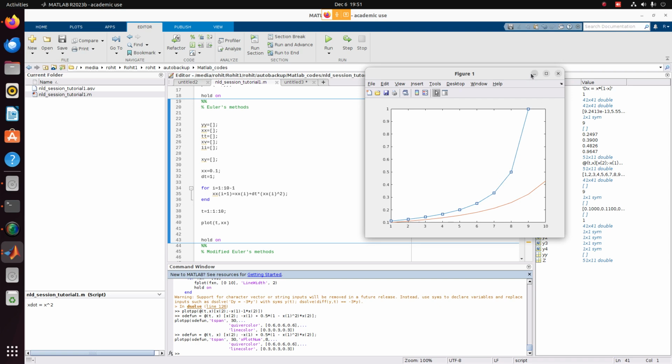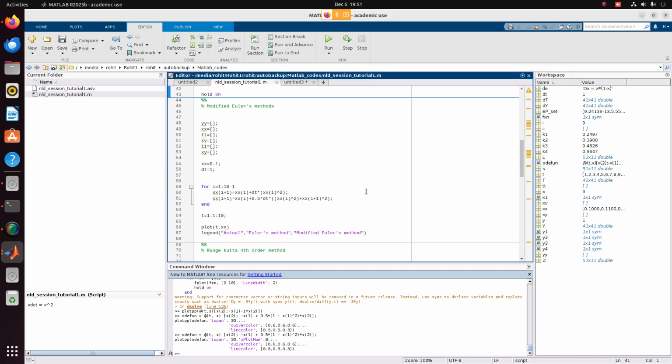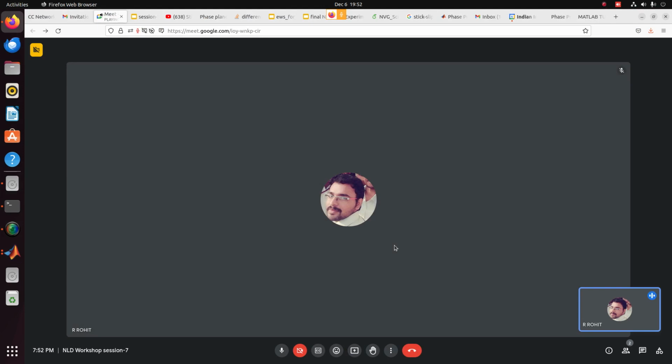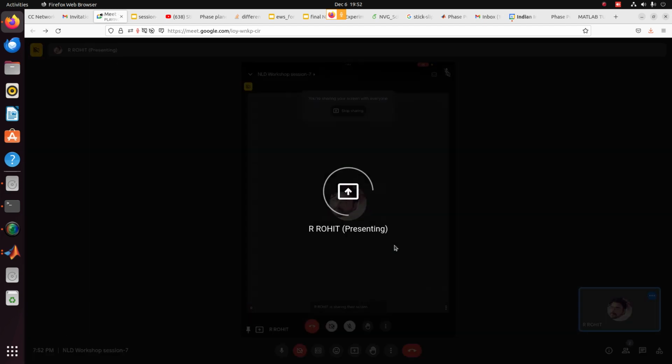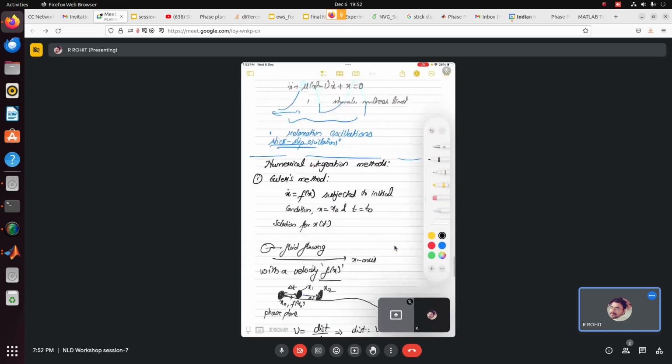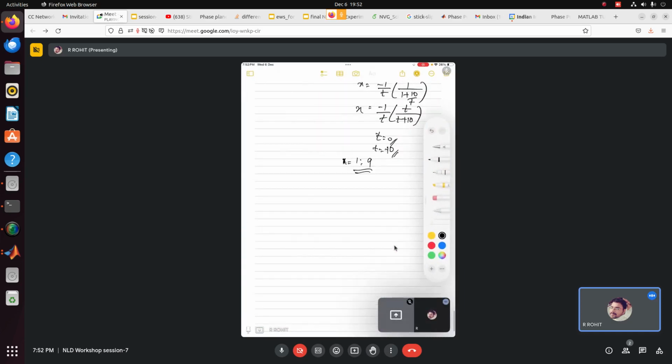So in order to improve that, there is a method called modified Euler's method.